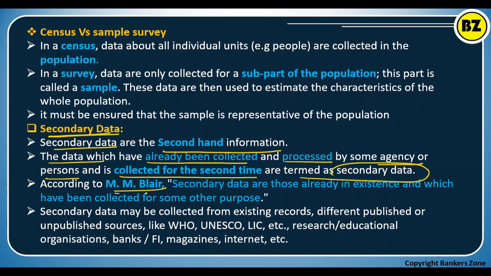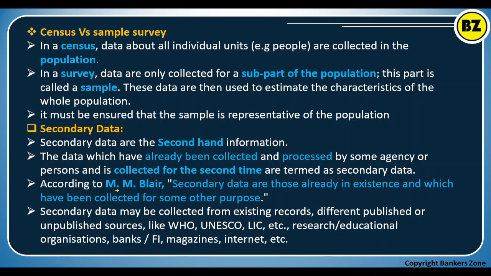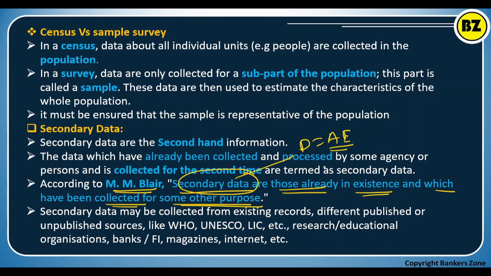According to Blair, secondary data are those already in existence and which have been collected for some other purposes. So it is the data which is already existing, collected for a second time, but for some other purpose, not for the same purpose.